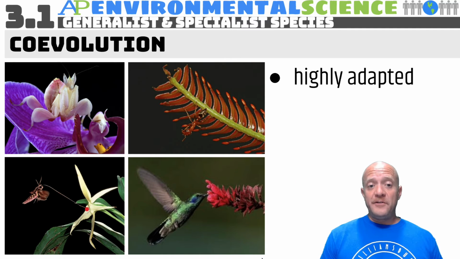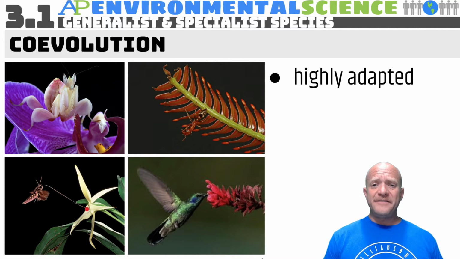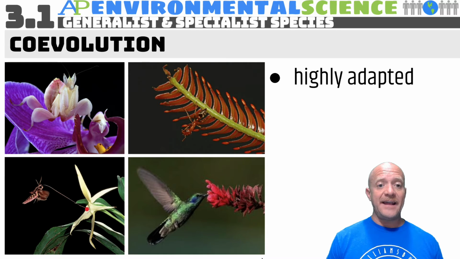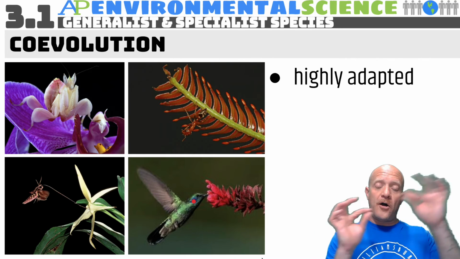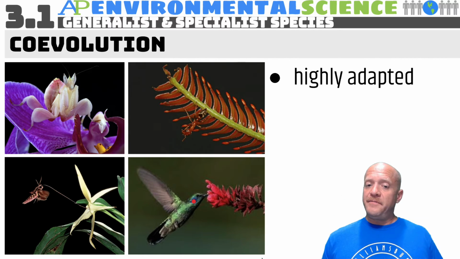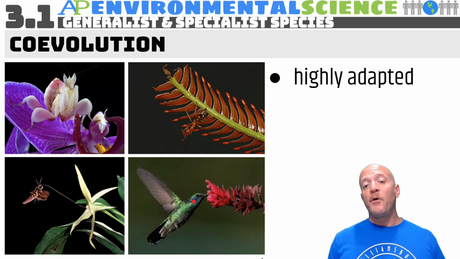You have coevolution when you have very highly specialist species. And coevolution just means that these organisms kind of evolve together. So for example, you have a hummingbird with a long beak, and the plants and the birds both evolved.